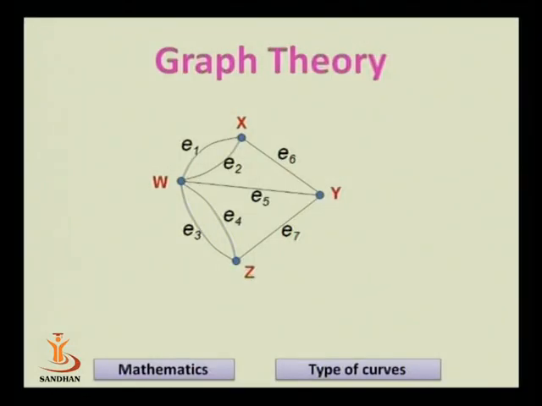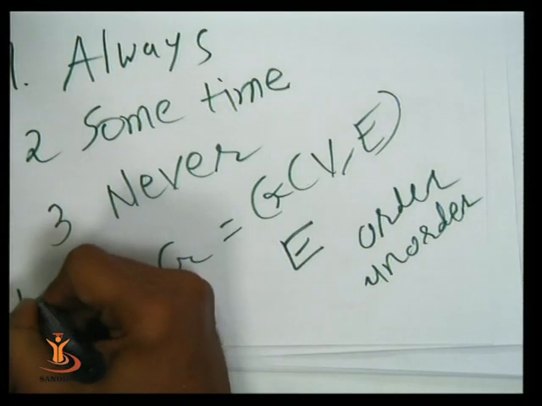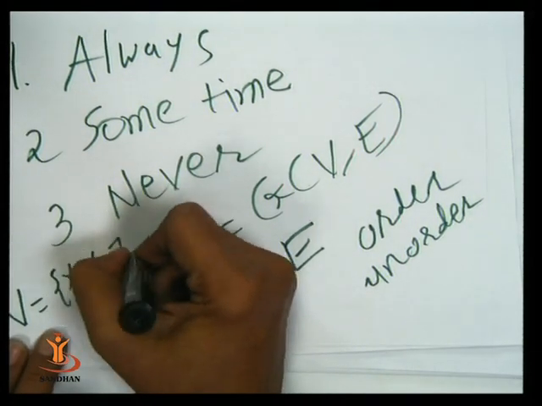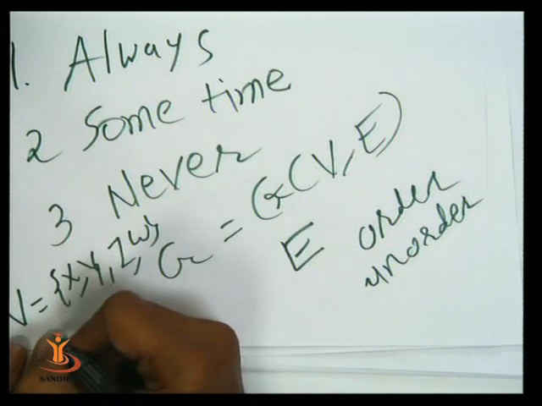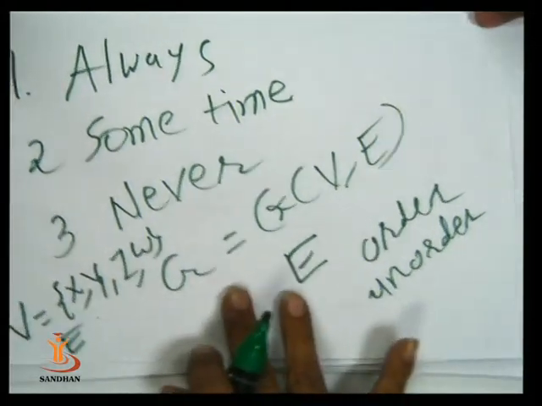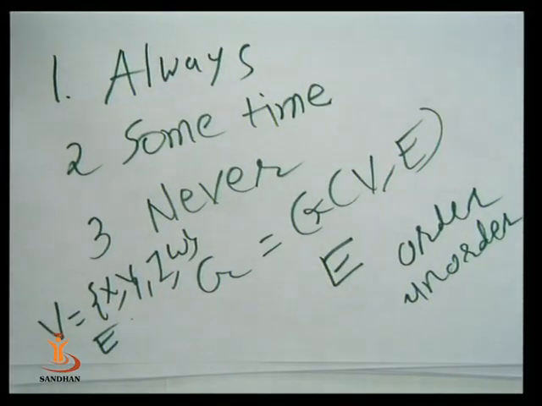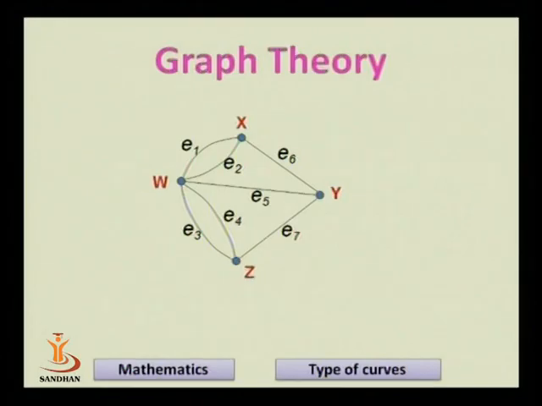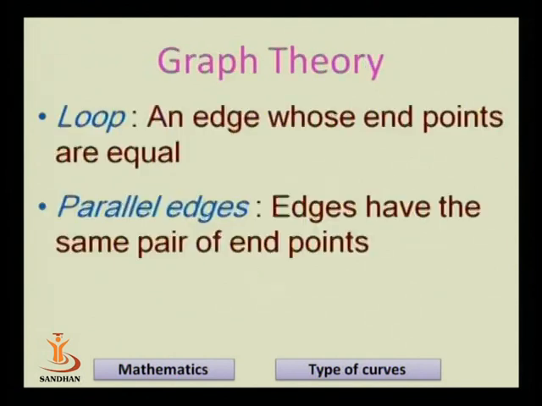Here this is a figure of a graph consisting of a set of 4 vertices X, Y, Z and W, and the set E contains 7 edges: E1, E2, E3, E4, E5, E6, E7. This is a graph with 4 vertices and 7 edges.